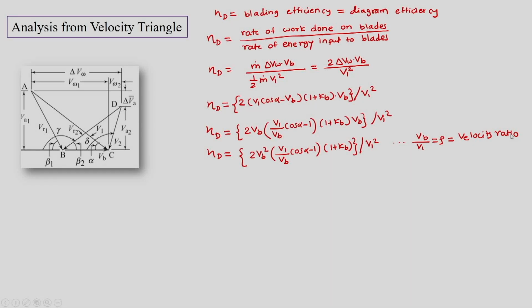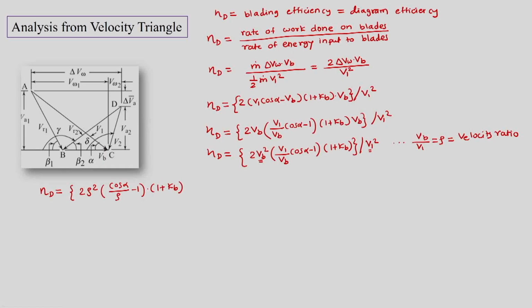So this expression we can write down as: diagram efficiency is equal to twice VB square upon V1 square, and this will constitute rho square into (cos alpha upon rho minus 1) into (1 plus KB).